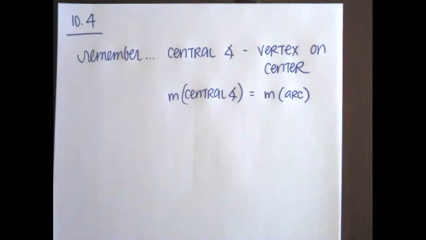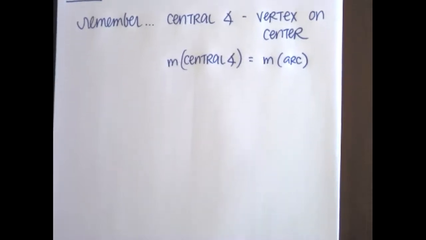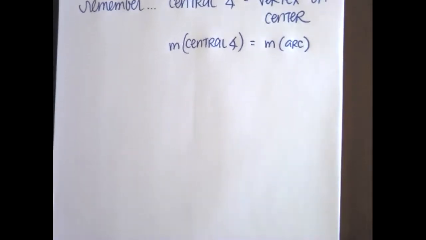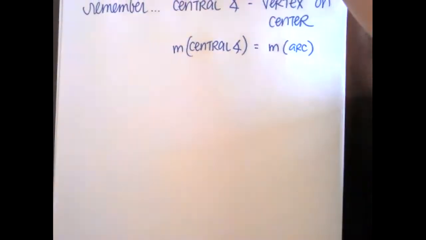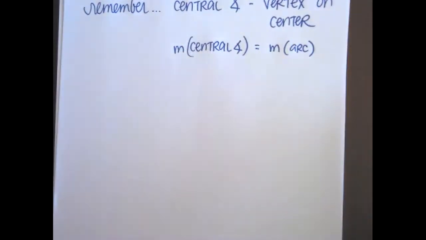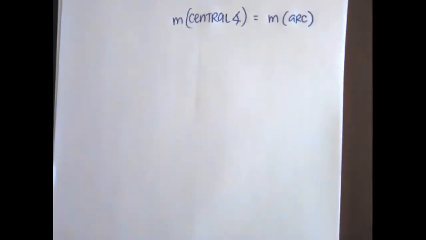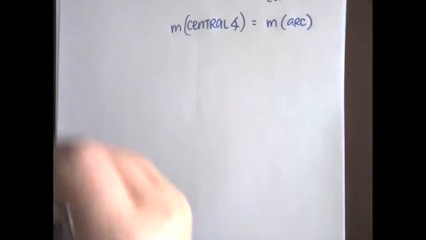So today we're going to talk about another type of angle that involves circles. The first one was central angle. This next one is called an inscribed angle. This is very similar to, remember, like a triangle inscribed in a circle. That's the same type of idea.